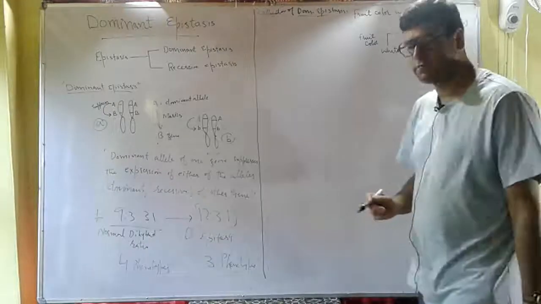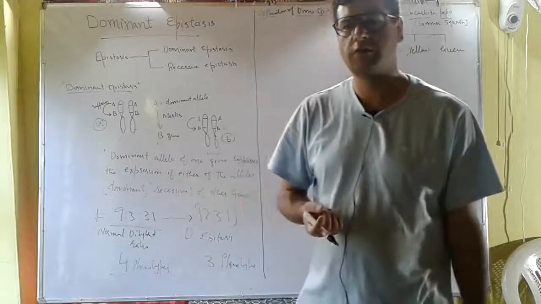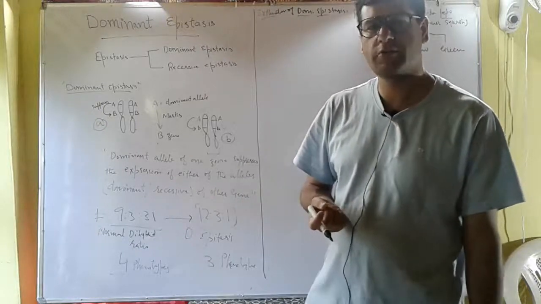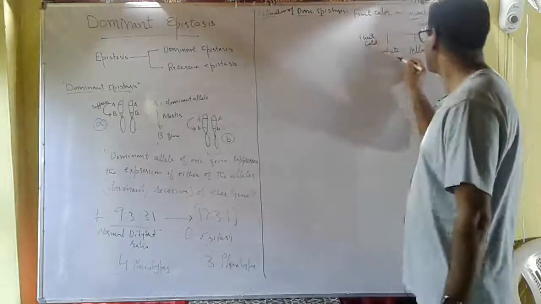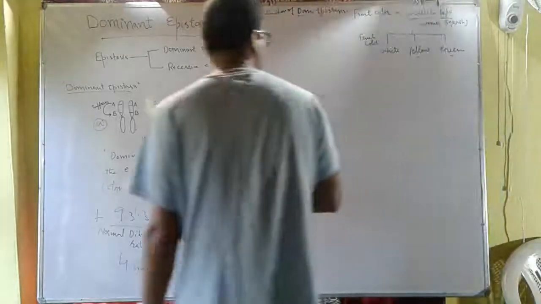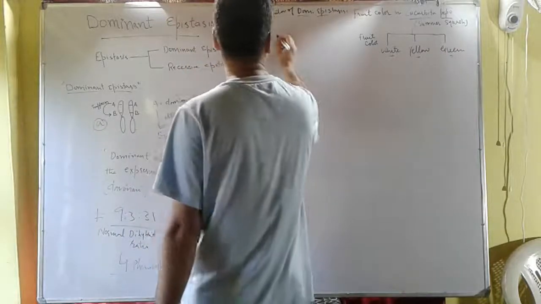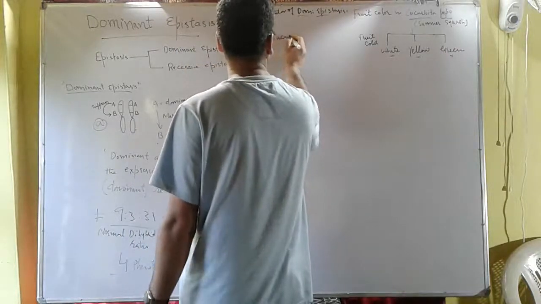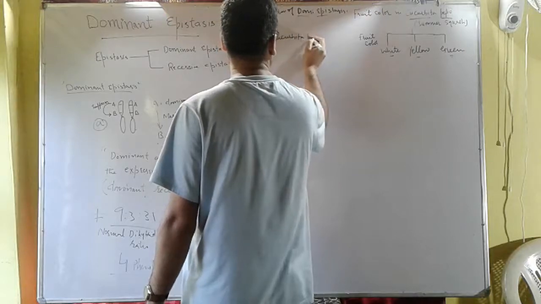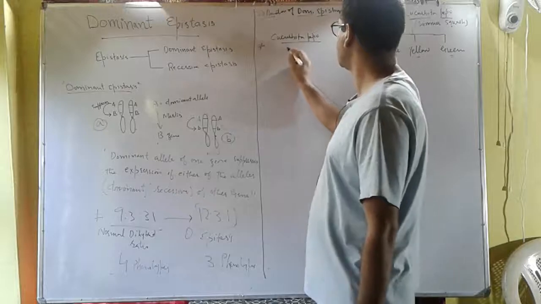So in case of Cucurbita pepo, commonly summer squash, it has got 3 types of fruit color.